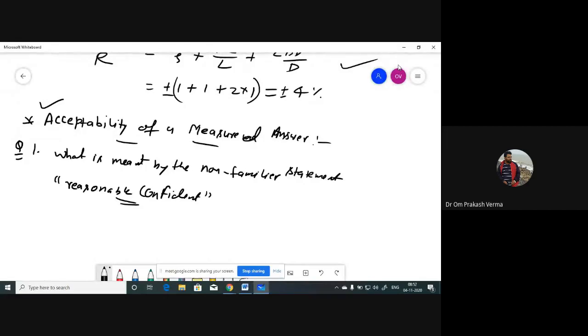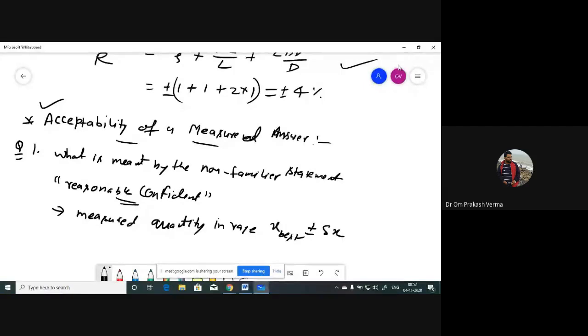When you say reasonable confident, your measured quantity is in the range x best. Your target is to find x best with some limiting error, that is plus or minus delta x.